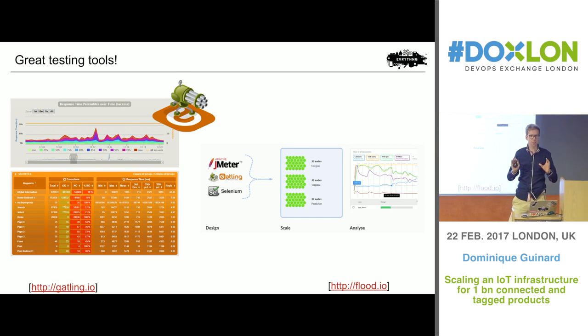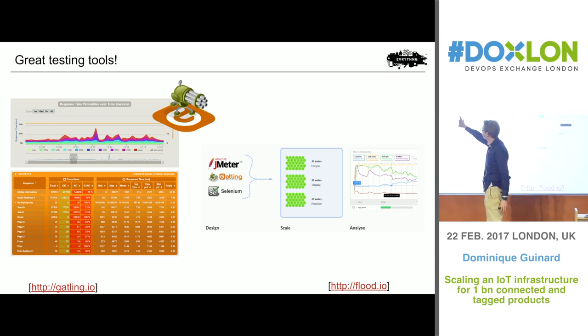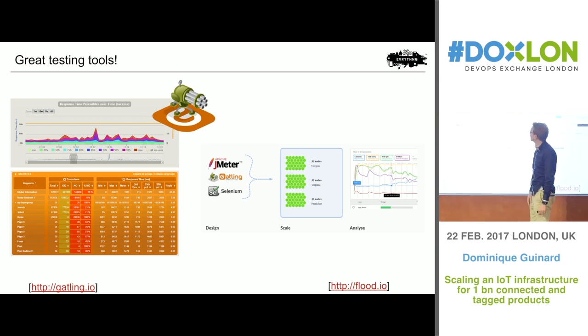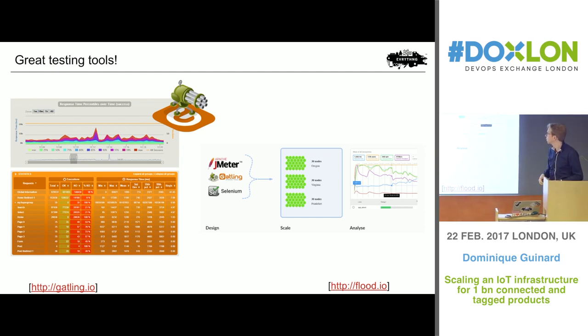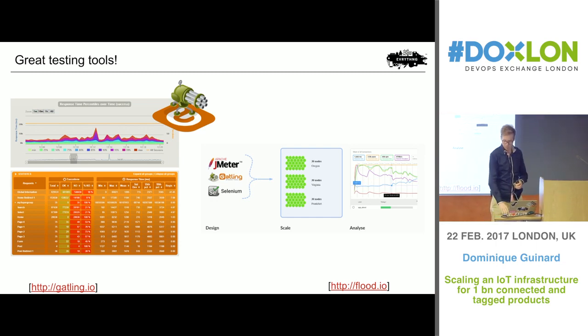It really uses the most of a machine in terms of creating simulated clients on a single machine, much better than JMeter, for instance. And Flood.io is a great service that we use to actually run Gatling tests in the cloud. Flood.io is, of course, built on Amazon as well and lets you deploy a lot of clients by the click of a button to simulate very, very large scale.